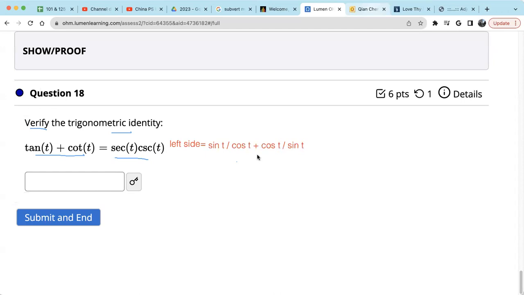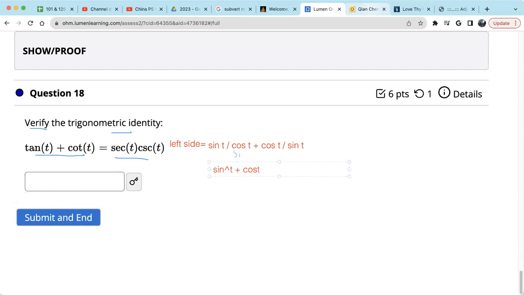So we need a common denominator for those two. So what do we do? We need to multiply by 1 for each one. The first one, we multiply sine t over sine t. So we get a sine square t. Typing is easier for me. Then plus cosine. Second one, I need to multiply by 1, but this one is cosine t divided by cosine t.